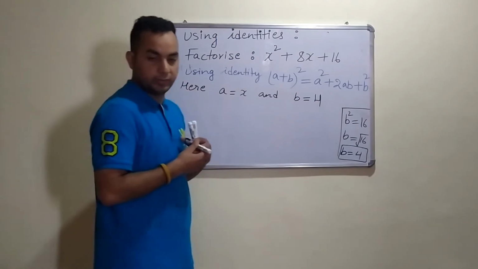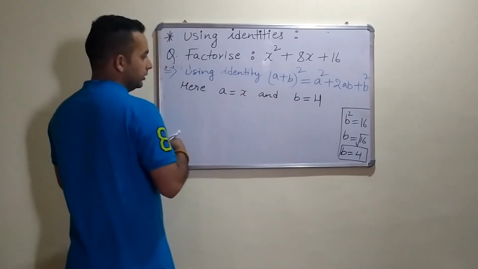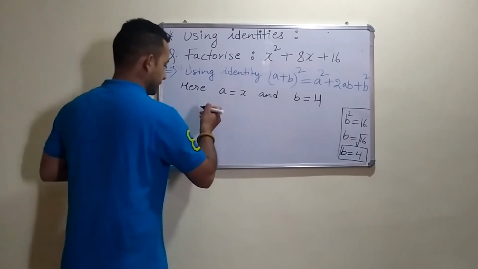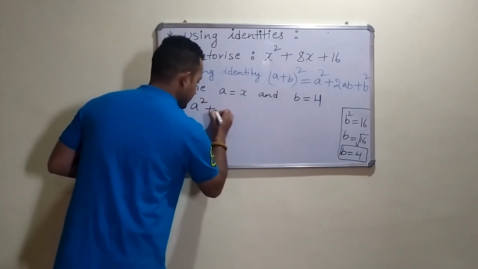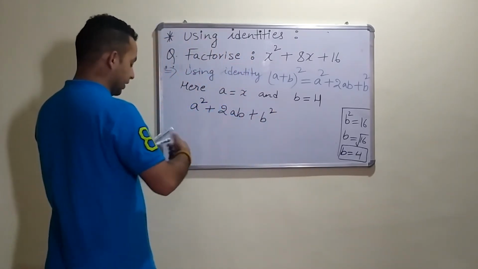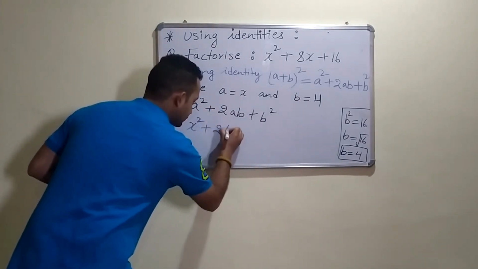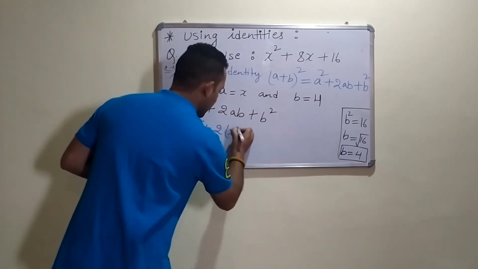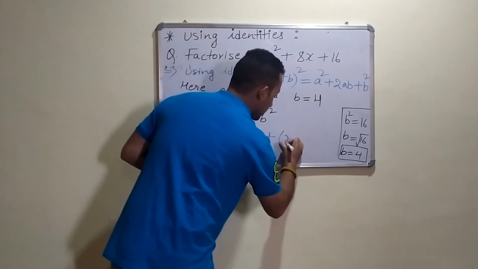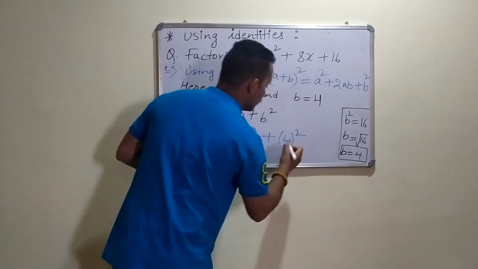Okay class, now we are going to substitute these values on this side. In place of a square plus 2ab plus b square, you will substitute all these values. So it will become x square plus 2 times x times 4, where a is x and b is 4, then plus 4 square.